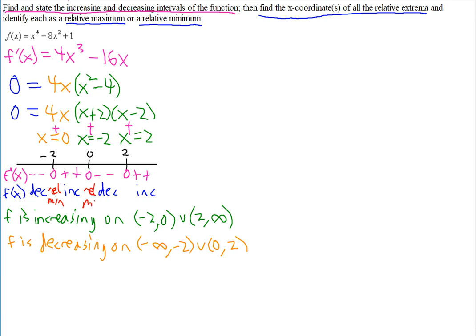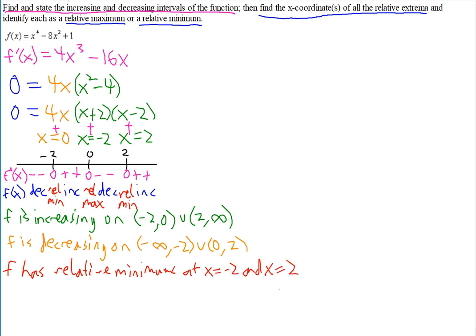And when I say from positive, I'm always moving from left to right, just like we read. And another one where it changes from negative to positive, decreasing to increasing, so that's a relative minimum. So in this case, we have 2 relative minimums and 1 relative maximum. So we can say f has relative minimums at x equals -2 and x equals 2.